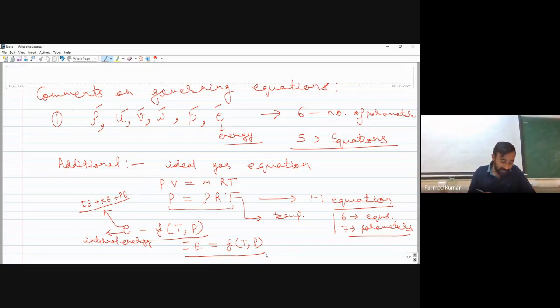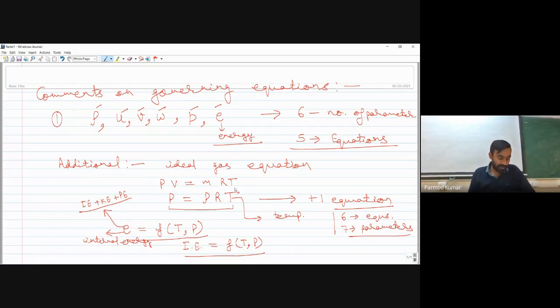Okay, so it means when we are including one more equation, the ideal gas equation, though that is assisting us in increasing the number of equations, one more additional parameter we are getting over here as temperature. So we require some more relationship among the parameters.